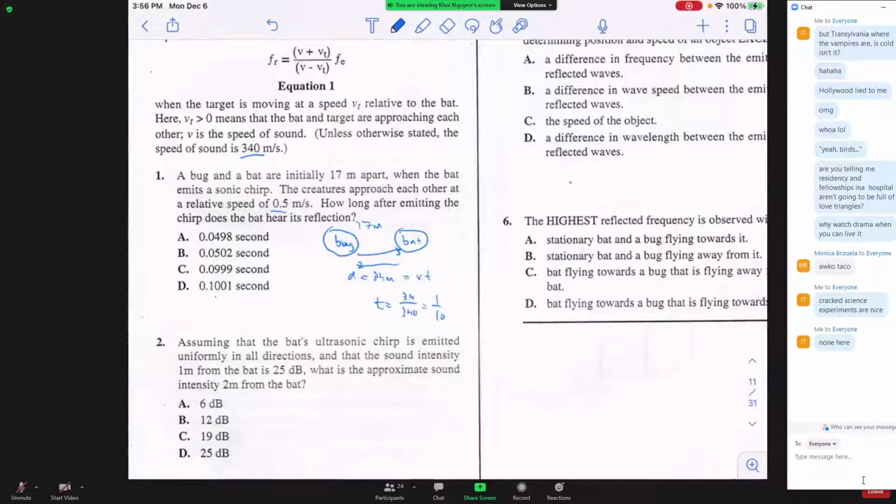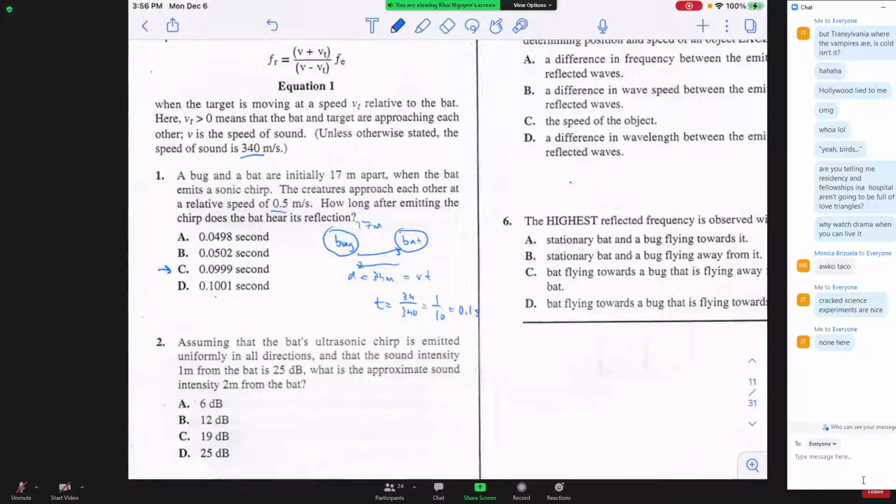The bat and the creature approach at a relative speed of 0.5. So let's say the bat is staying still and the bug is approaching it. This makes it easier in terms of your Doppler shifting. But what you realize is that the time we estimated, 1/10, is slightly less than that. So the one answer that makes the most sense is answer choice C.